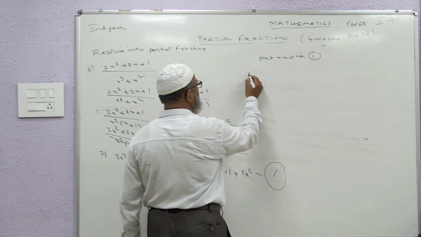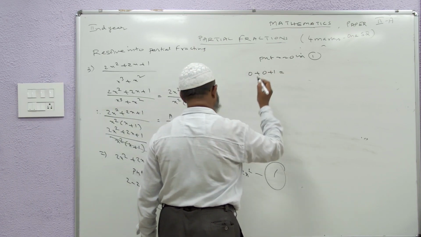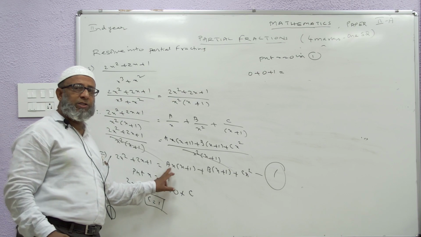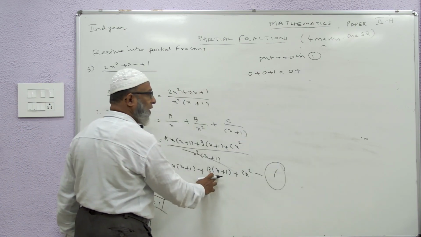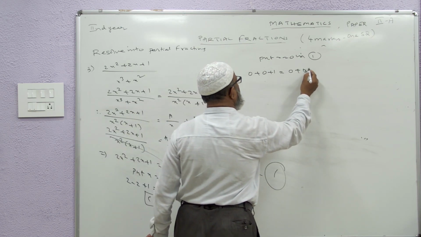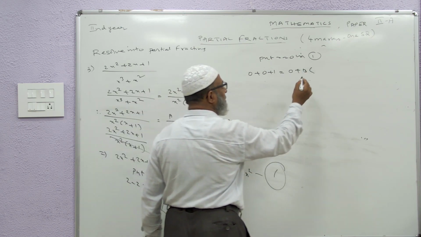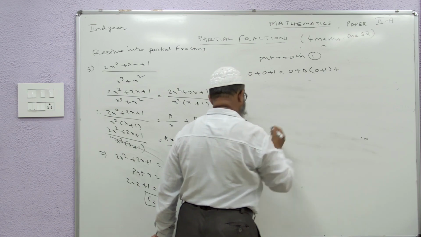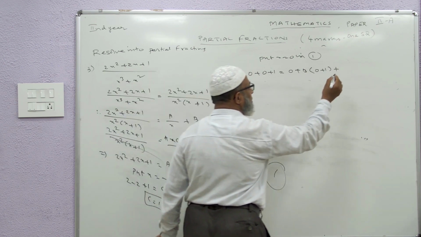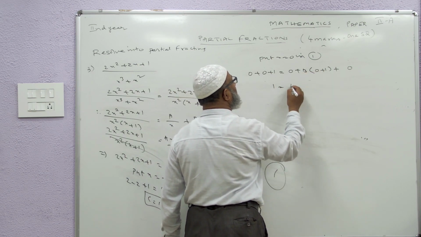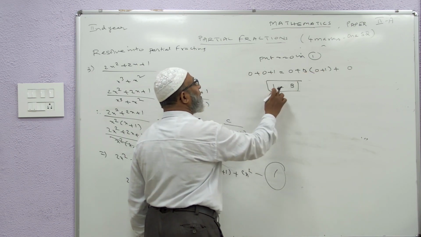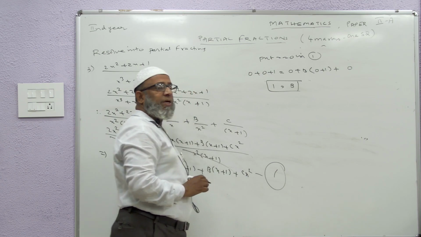That is 0 plus 0 plus 1 is equal to, if I put 0 here, 0 into something becomes 0. If I put 0 here, what happens? 0 plus 1. If I put 0 here, this becomes 0. So this is nothing but 1. 0 plus 1, 1. So it means that the value of b is equal to 1.